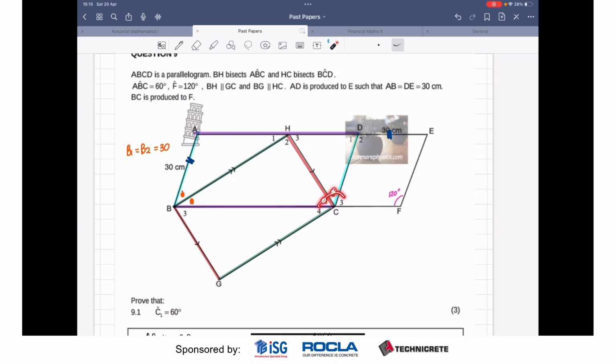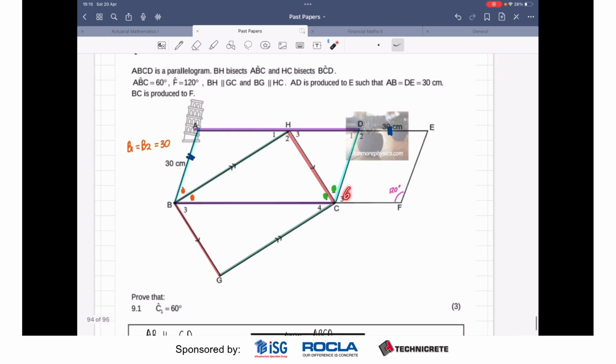And so by angles on a straight line, these two are already 60 and 60 is 120, and the angles on a straight line is 180. So I know that this has got to be 60. So if C3 is 60, then that means that C3 plus F is 120 degrees plus 60, which is 180 degrees, which means that these two angles are co-interior, and that means that this line must be parallel to this line.